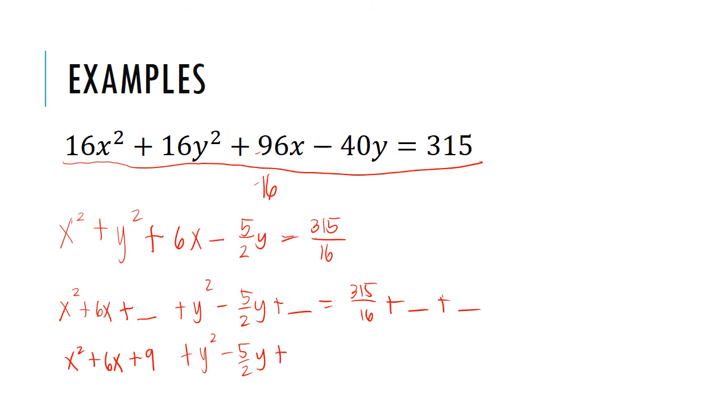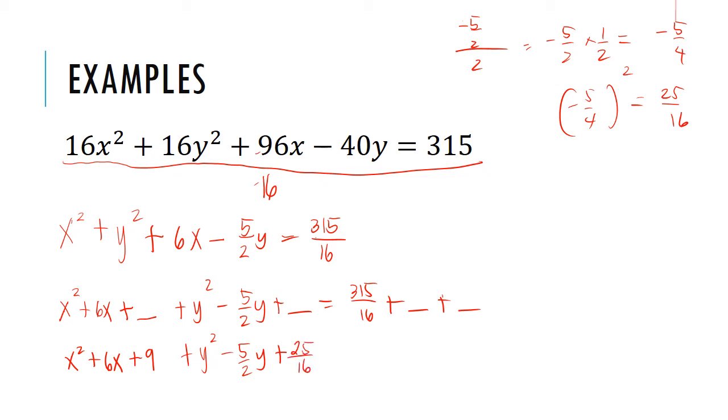So, negative 5 all over 2, dinivide ko yan ng 2, parehas lang sa negative 5 all over 2 times 1 half, di ba? That is equal to negative 5 all over 4. And kapag in-square natin yung negative 5 all over 4, ano pong i-add natin? 25 all over 16. So, I will add 25 all over 16 dito.